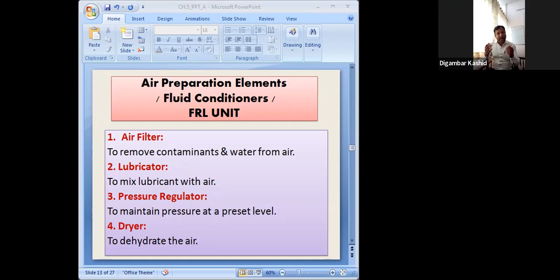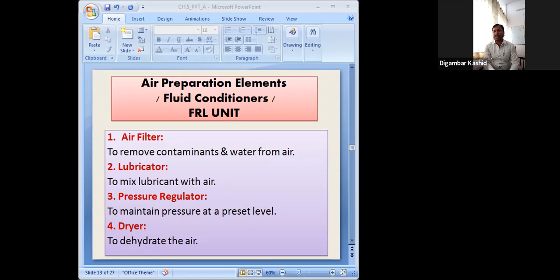We have to make this air suitable and acceptable for the components as well as the operating person. For that purpose, in this air preparation unit, we have different elements.